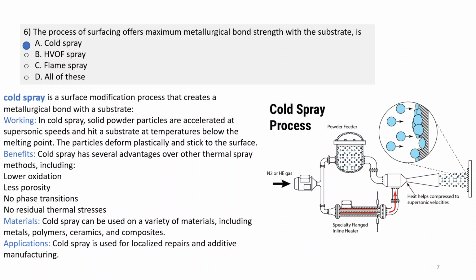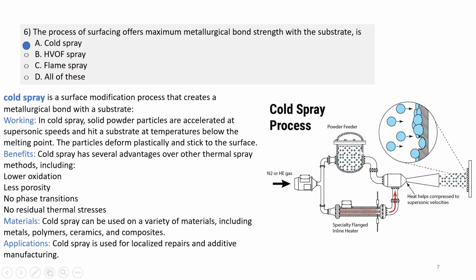Benefits: cold spray has several advantages over other thermal spray methods, including lower oxidation, less porosity, no phase transitions, and no residual thermal stresses. Materials: cold spray can be used on a variety of materials including metals, polymers, ceramics, and composites. Applications: cold spray is used for localized repairs and additive manufacturing.